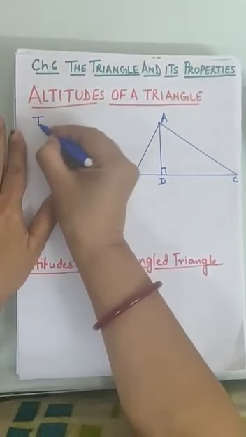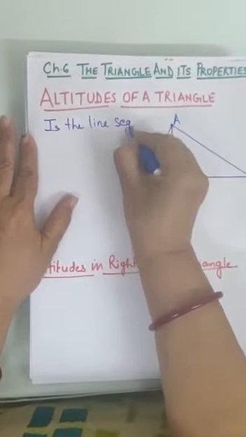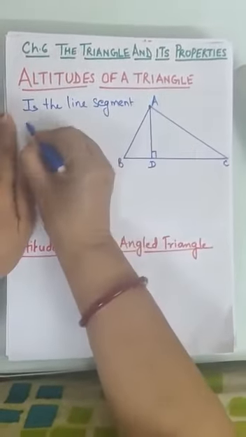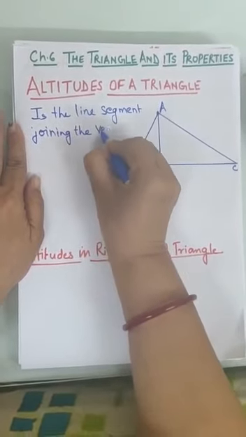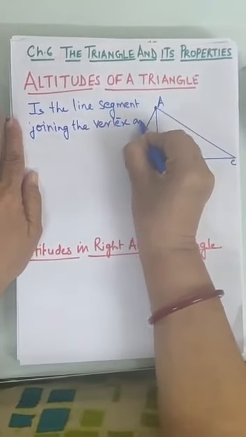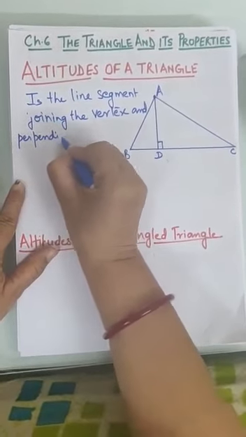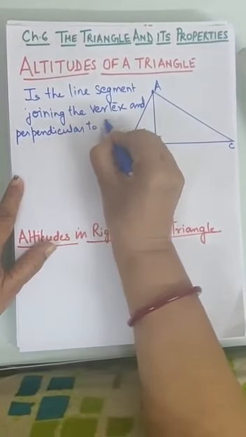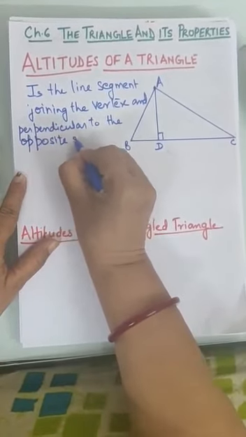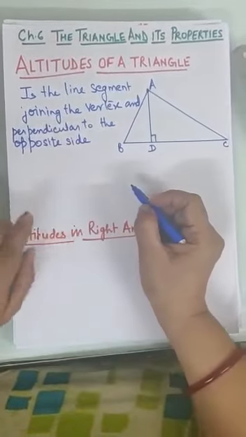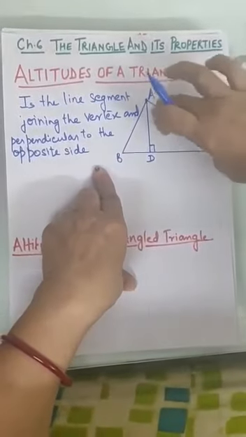So altitude of a triangle is the line segment joining the vertex and perpendicular to the opposite side. Okay. Now in a triangle there are three sides AB, BC and CA.